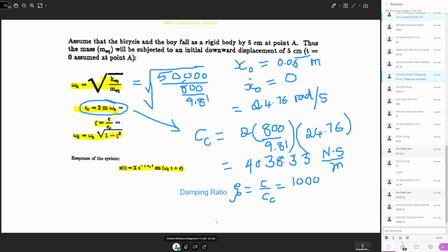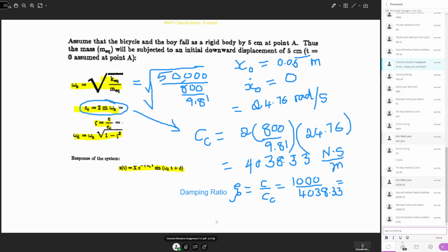So what is your damping ratio? Anyone? 0.2476. I need a few answers from online guys. 0.25.